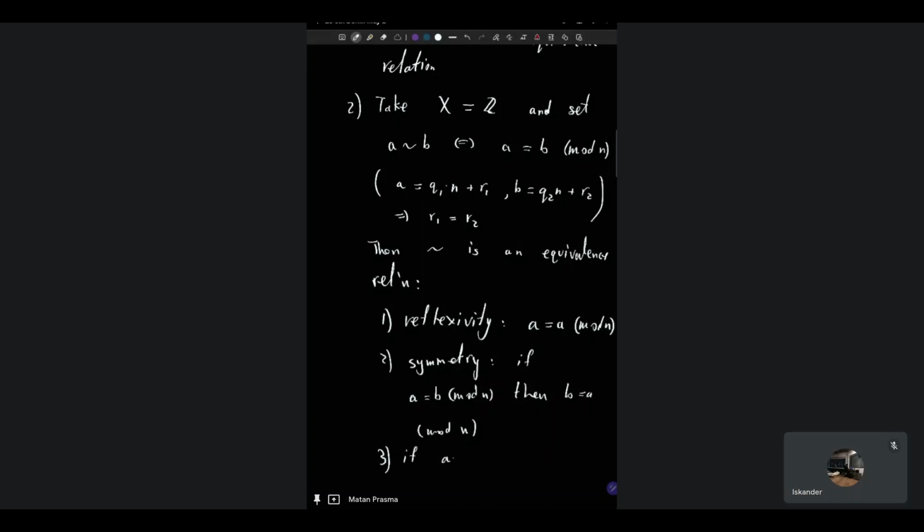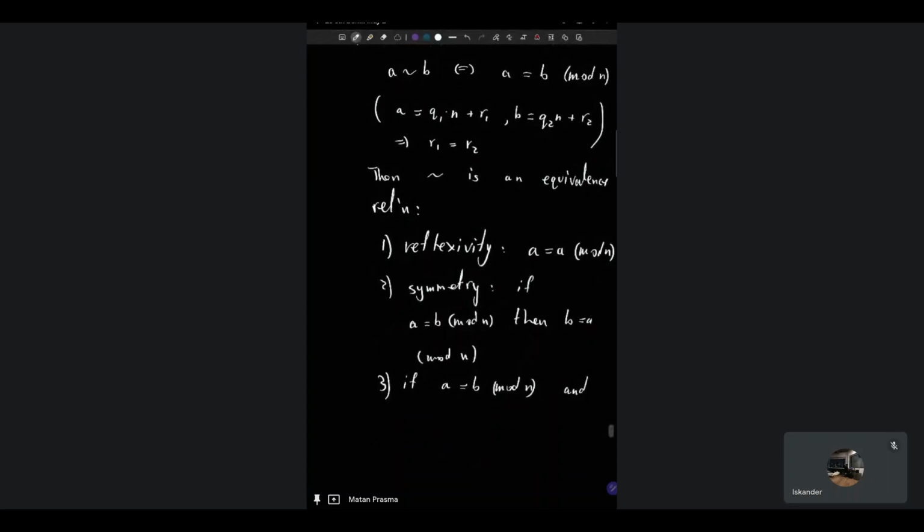If A is equal to B modulo N and B is equal to C modulo N, then the remainder of A by long division with N is the same as the remainder of B, which is the same as the remainder of C. So A is equal to C modulo N.